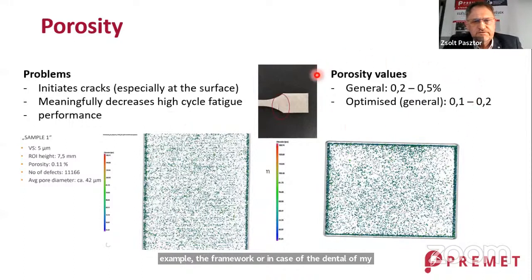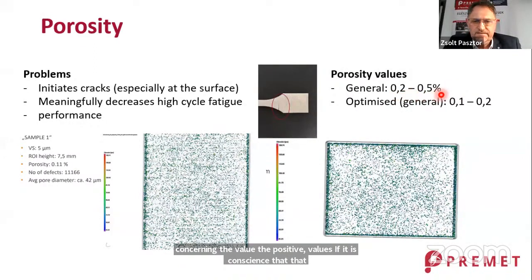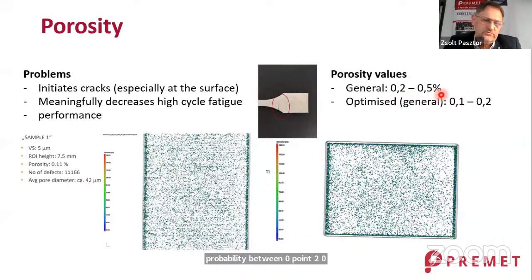Concerning the porosity values, it is considered or said that porosity between 0.2 and 0.5% is quite good, or considered a good printing. If the printing parameters are optimized, in that case the porosity is 0.1 or 0.2% in general, according to the scientific literature.